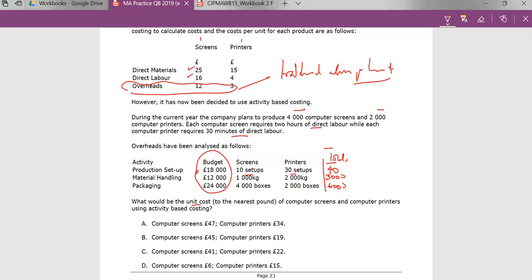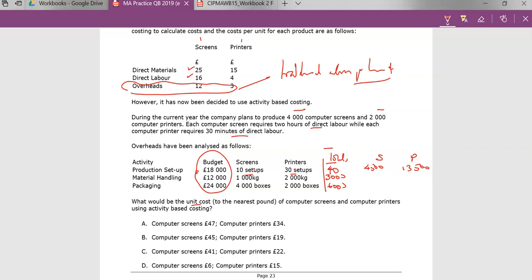When I do that, for the screens and the printers, I will have 10 over 40 times 18,000, which is 4,500. And I will have 30 over 40 times the 18,000, which is 13,500, right? Because I'm just splitting this cost based on the ratio of the setups.